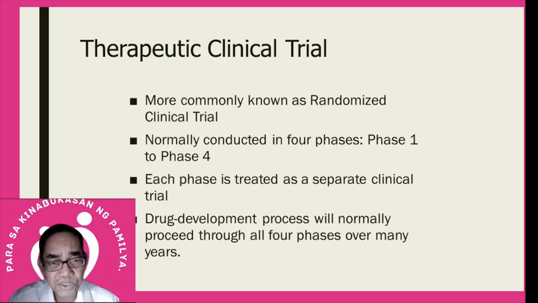And a randomized controlled trial is normally conducted in 4 phases, with phase 1 to phase 4, and each phase is treated as a separate trial, and drug development process will normally proceed through all 4 phases. I will discuss these different phases, but very quickly, because I would like to think that this will be discussed to you later on when you go to the second year in pharmacology.